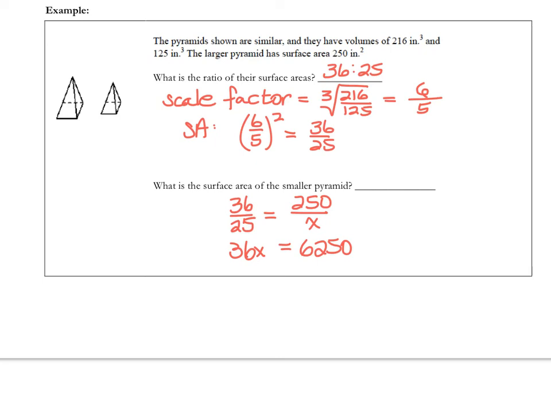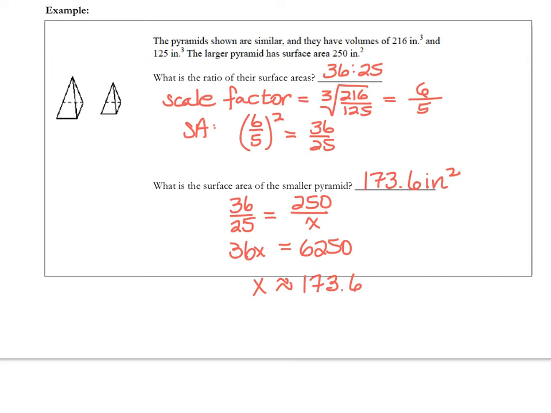When we divide both sides by 36, this one's not going to divide evenly, so we'll round it. It's approximately 173.6. And that's a surface area, so that will be in square inches.